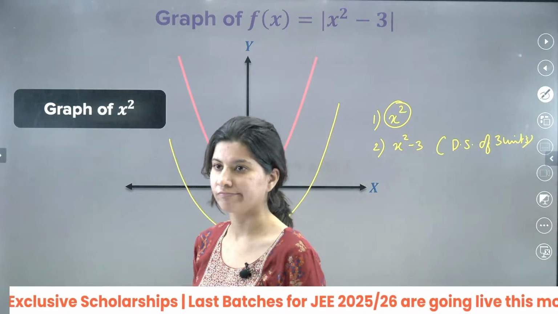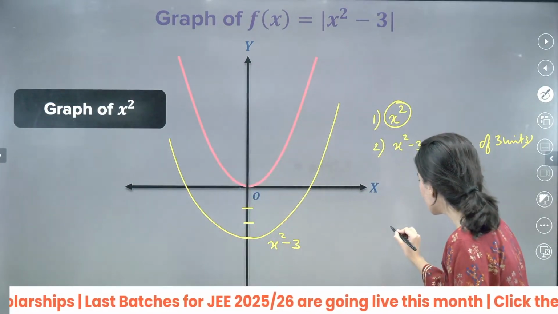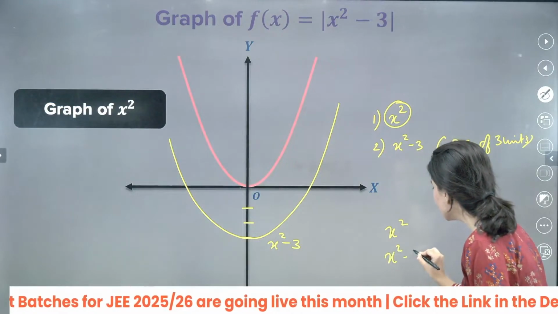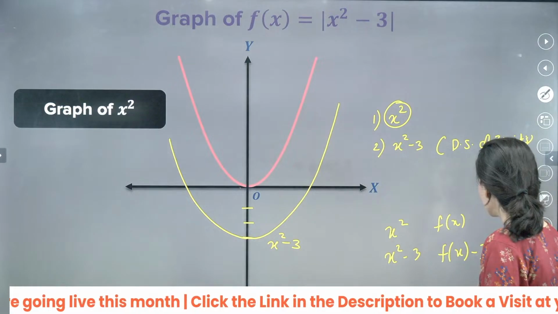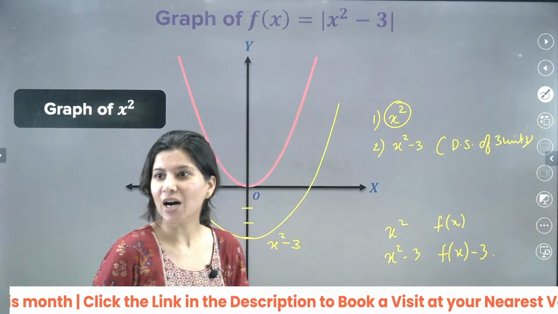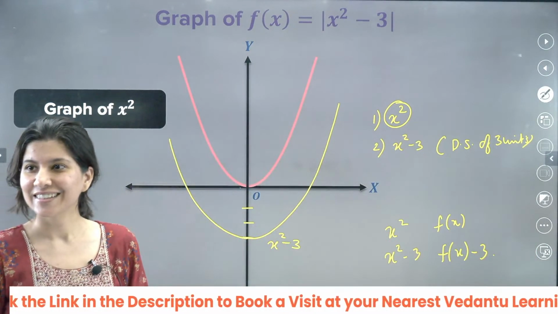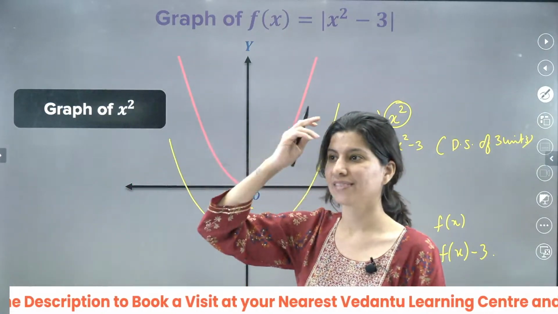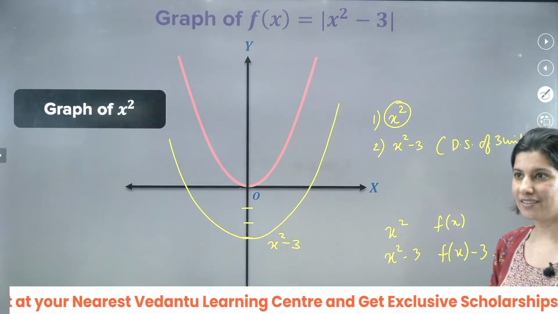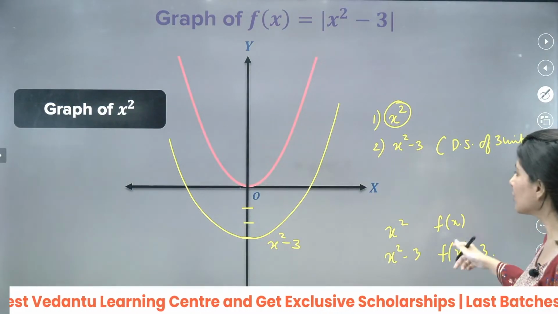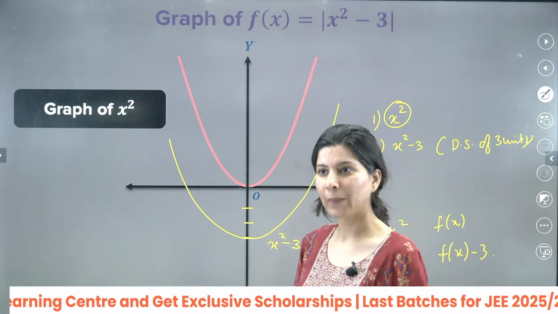Just tell me x square and x square minus 3. This is your fx and this is your fx minus 3. Fx minus 3 will be a downward shift. Clear? Downward shift of 3 units.